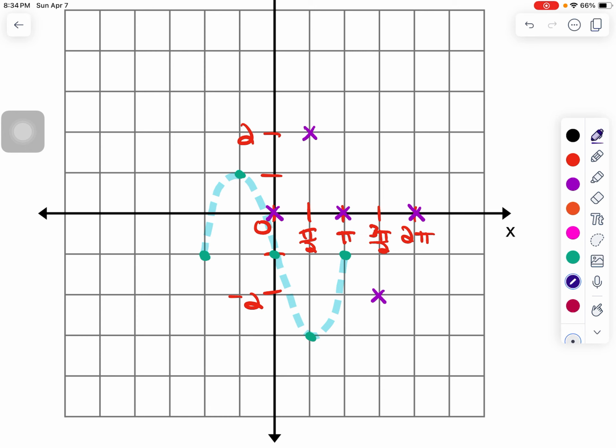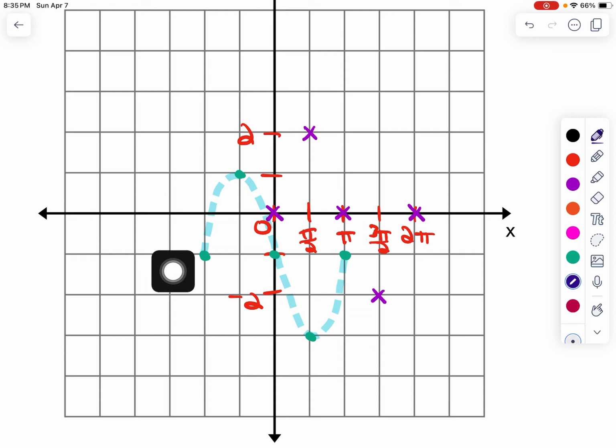So what I'm going to do is take all of these values that are below the x-axis, all of these negative values, and reflect them up. Because if the value is -1, the absolute value of that's going to be +1. If the value is -3, the absolute value of that's going to be +3.